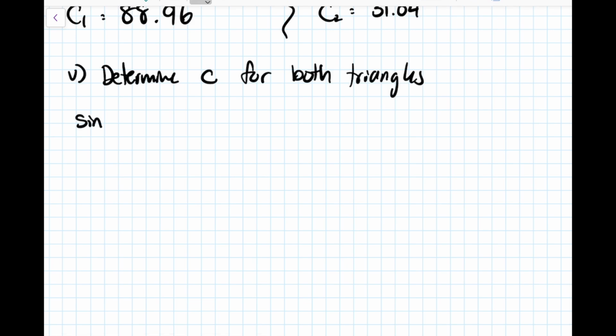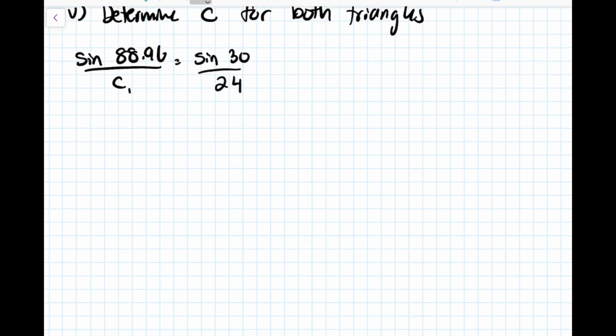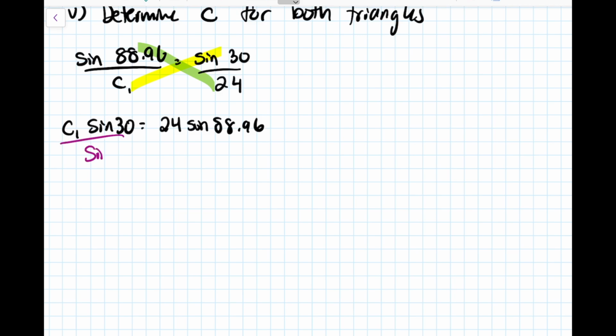So you're just going to do some sine law. So sine of that 88.96 divided by side C1 equals, and try to go back to the pair that you knew right from the beginning, which was the sine 30 and the 24. We do some cross multiplication. We end up with C1 times sine of 30 equals 24 times sine of 88.96. We divide both sides by sine of 30.